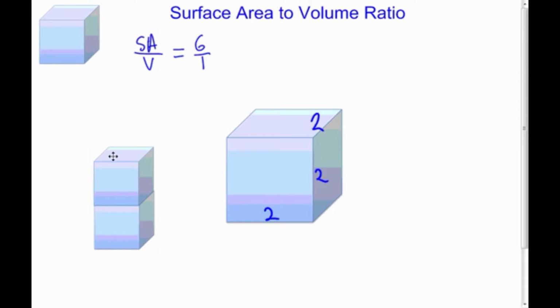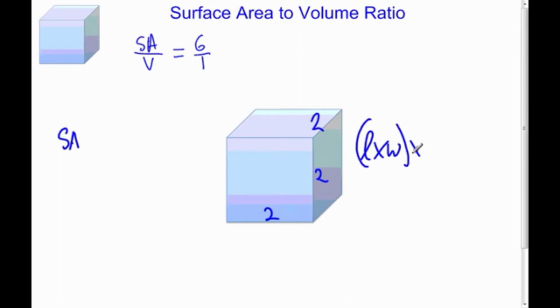To calculate a surface area and volume again, to get our ratio, our surface area is, again, length times width times 6, which is 2 times 2 times 6. 2 times 2 is 4. 4 times 6 is 24.